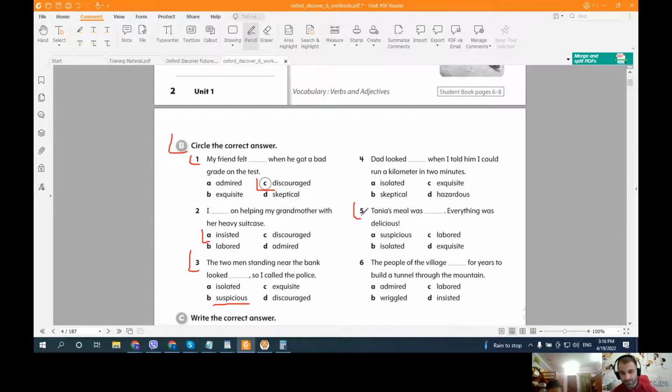Tanya's meal was exquisite. That means delicious or yummy. Okay, let's use this term, delicious, for you.